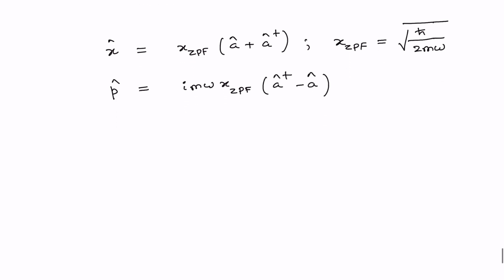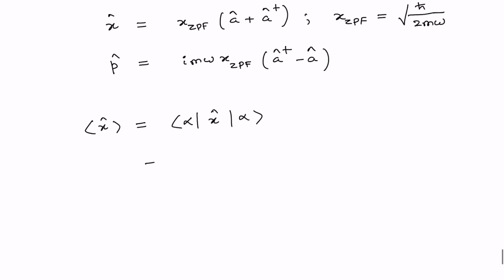Now if we calculate the expectation value of the position operator in the coherent state, you can very straightaway calculate it, and you are going to get x zero-point fluctuation ⟨α|a + a†|α⟩, and this we have already calculated.